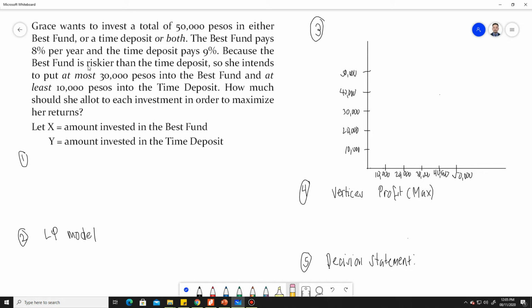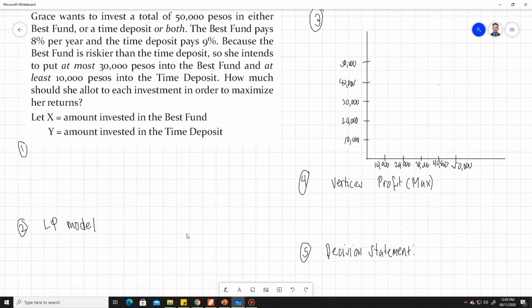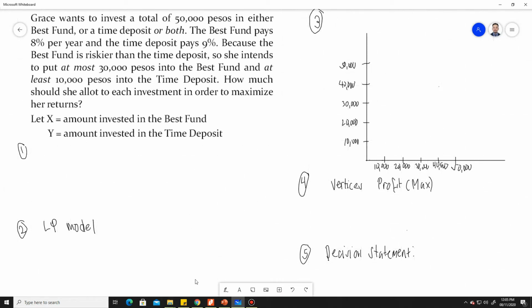Because the best fund is riskier than the time deposit, she intends to put at most 30,000 pesos into the best fund and at least 10,000 pesos into the time deposit. How much should she allot to each investment in order to maximize her returns?